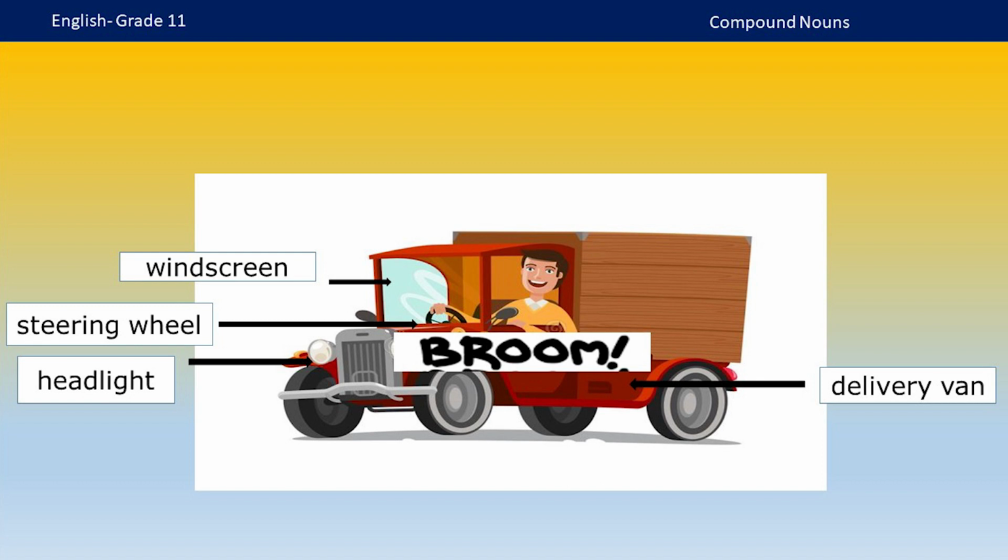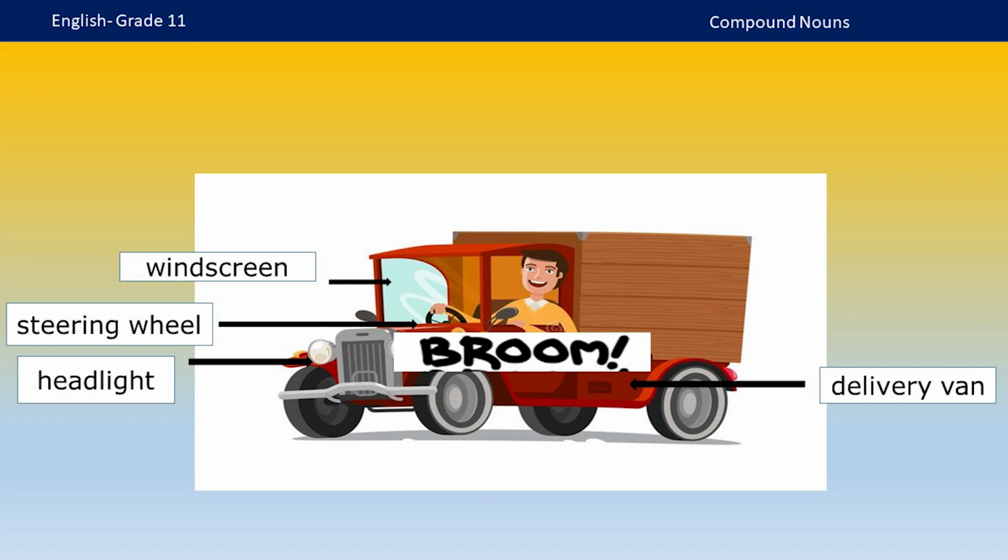Just read it. Windscreen, got it? Steering wheel, headlight, and this is the word that we've done earlier, the delivery van. The compound nouns are windscreen, steering wheel, headlight, and delivery van.